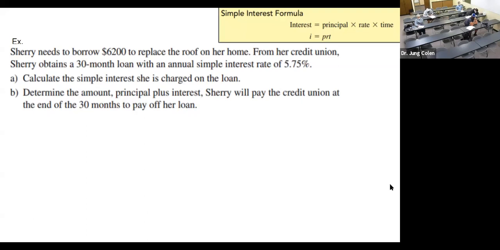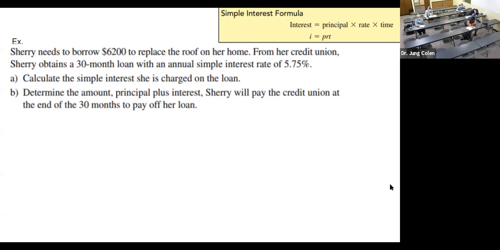Okay, so remember that, and let's think about this question. Sherry needs to borrow $6,200 to replace the roof on her home. Whenever you are given a word problem, please put yourself in it. You are facing this situation, okay? Relate yourself to this.